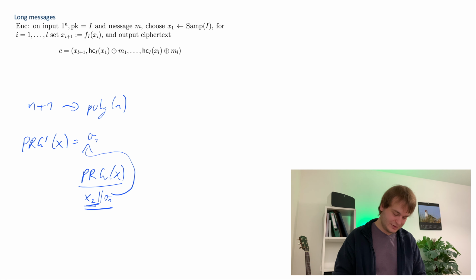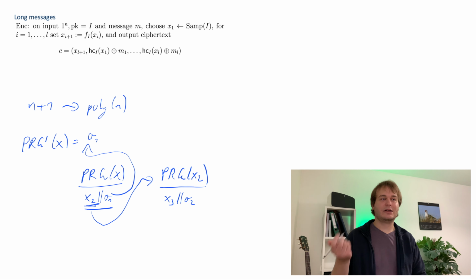And then we took the x2, applied the PRG again, and we again get an x3 and another pseudorandom bit. So we can just add this pseudorandom bit to our list, etc. We did all of this, and then eventually we also appended the x that we got from the last PRG.